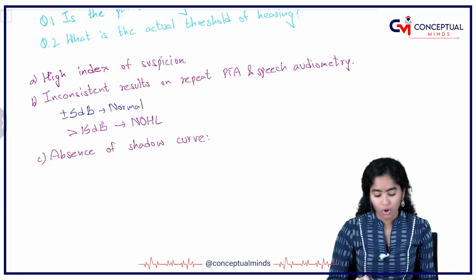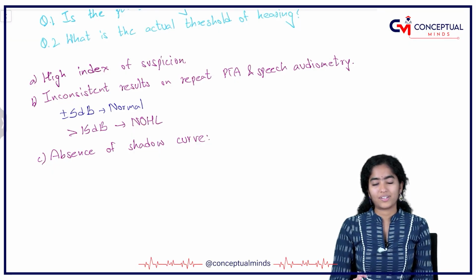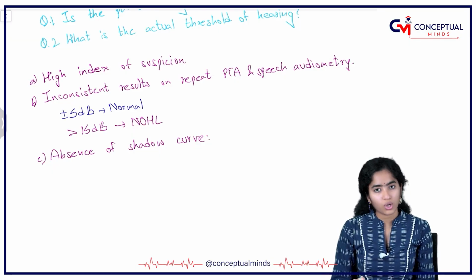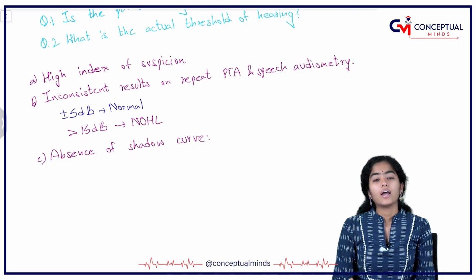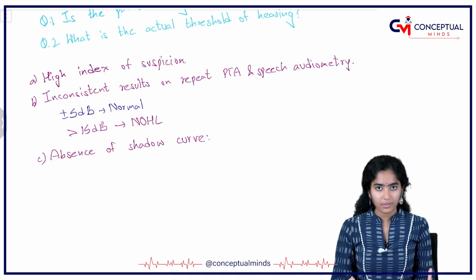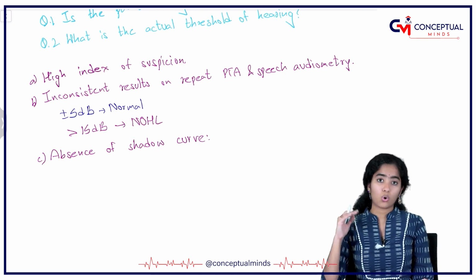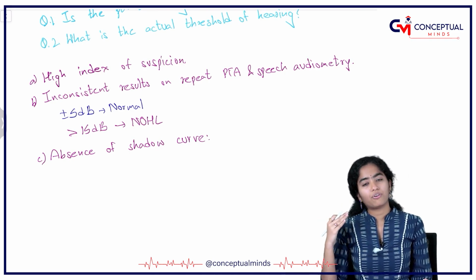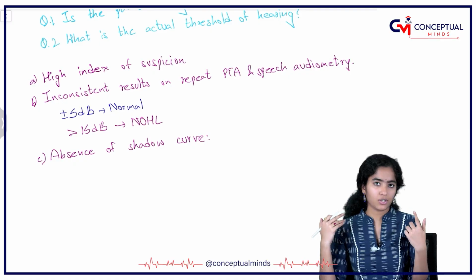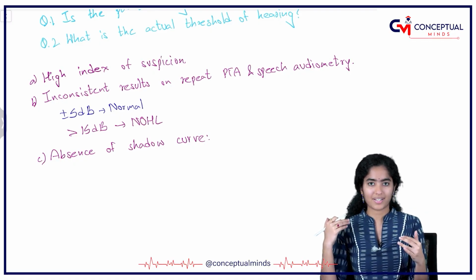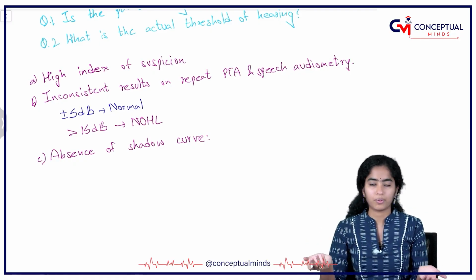Now in a patient of non-organic hearing loss, when we do not do masking and we are checking the so-called deaf ear, after a point, the opposite healthy ear should be able to pick up the sound impulses and the patient should say, yes, I am able to hear.